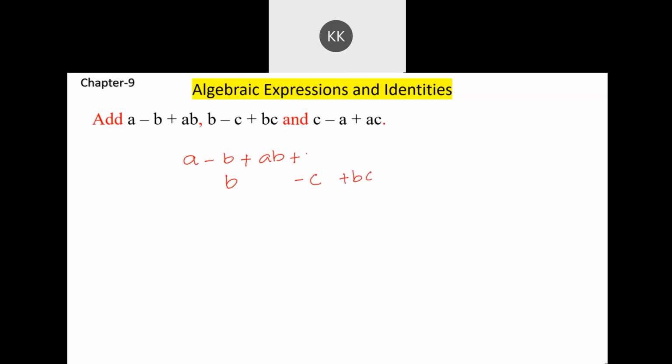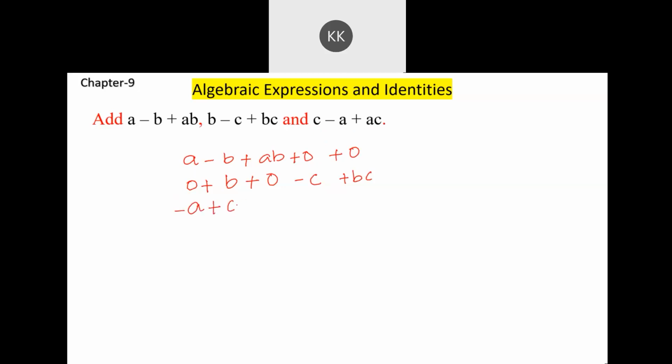So here I can mention 0 plus 0 plus 0, so that you won't get confused. In the next expression, there is c minus a plus ac. Below a, in that column, I can write minus a. Now there is plus c. There is no b term.